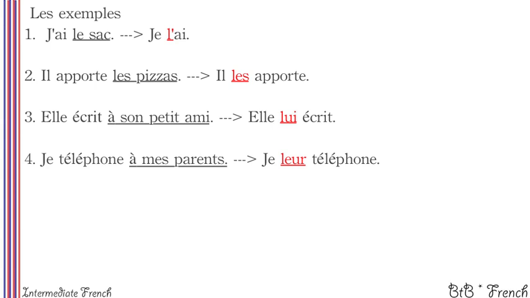Last sentence, I call my parents becomes I call them. So sentences 1 and 2 use direct object pronouns, and sentences 3 and 4 use indirect object pronouns, which are placed before the conjugated verb.